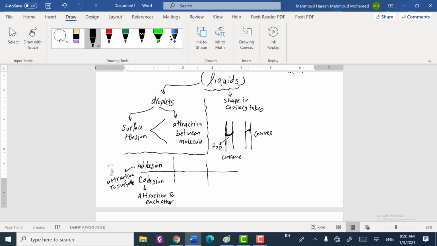So if we find the adhesion to the surface small and the cohesion between the molecules high, it gives us a convex surface.